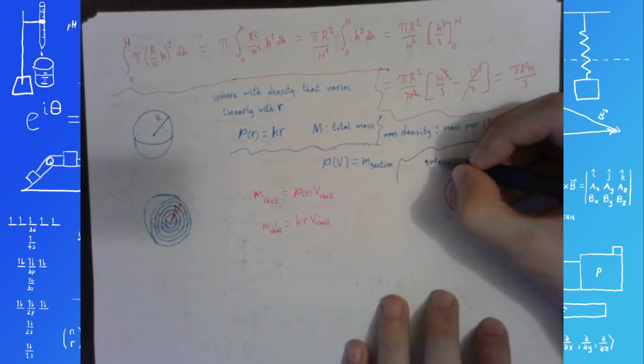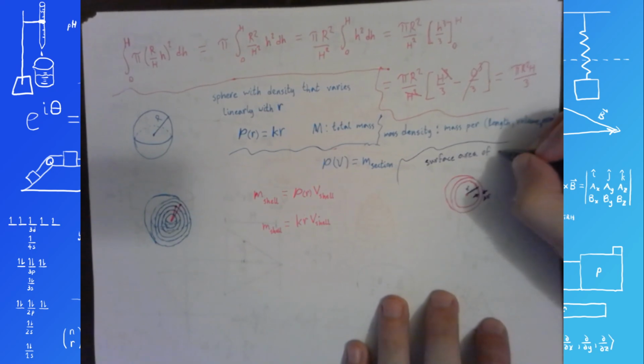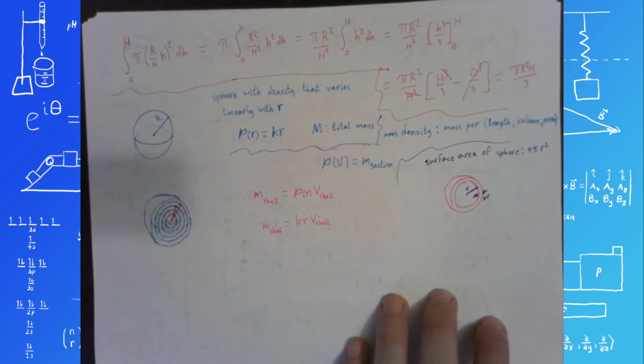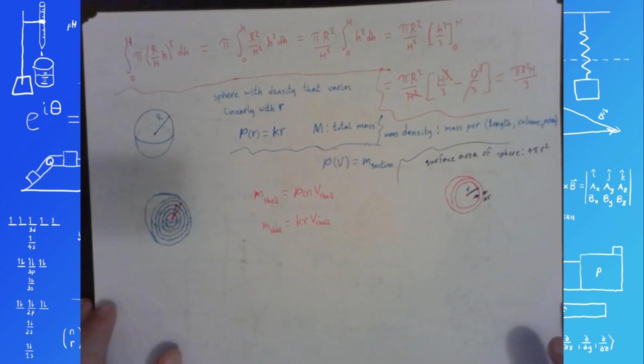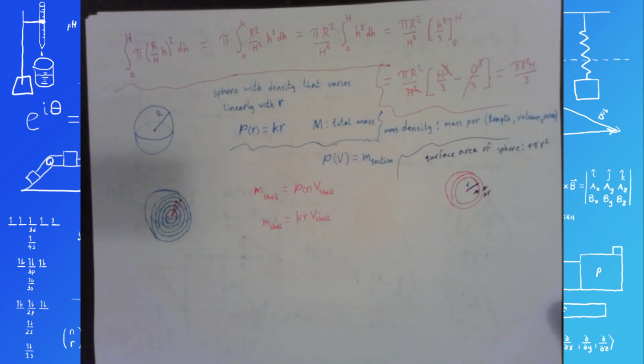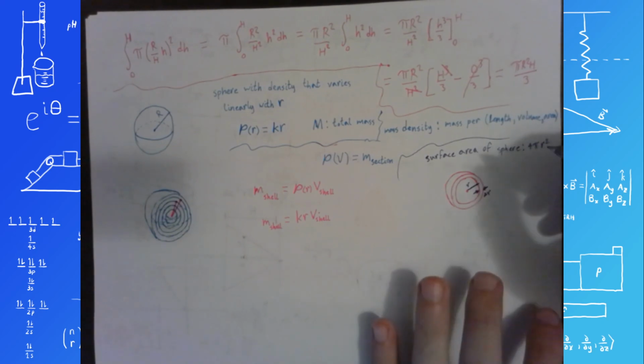Surface area of a sphere is equal to 4 pi times the radius squared. I would hope this equation looks familiar to you. If not, then you might want to look through your geometry book if you still have it, or I guess there's always Google. The surface area of a sphere is 4 pi r squared.